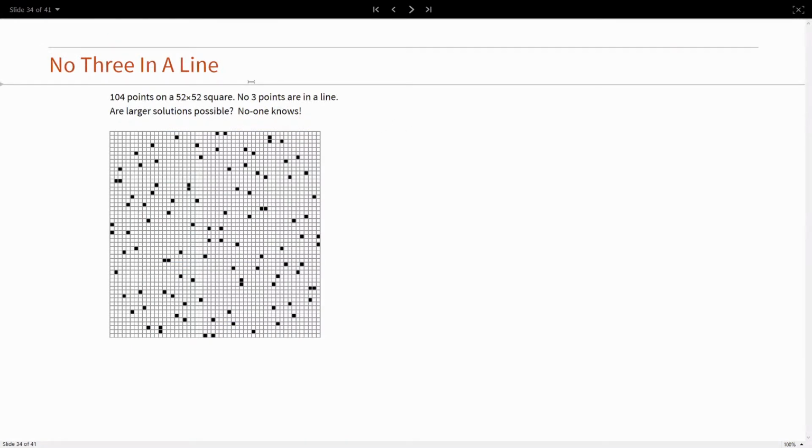Here's another unsolved problem. Here we have a 52 by 52 square, and on every row and column, we have 2 cells picked out, and no 3 of these cells are on a line. It's not just the rows and columns, but all the diagonals, all the skew diagonals. There's no line you can draw anywhere that goes through 3 of these chosen points.